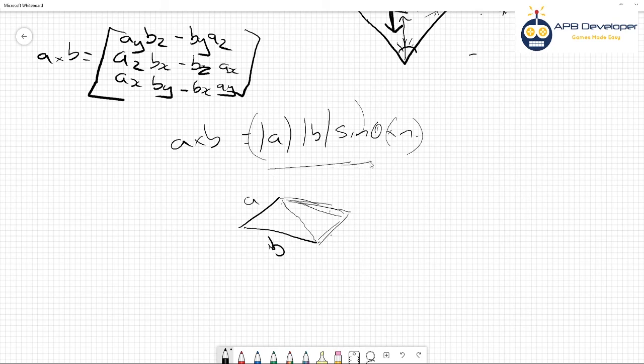This part becomes the size of this parallelogram. So you can use it for that, and if you want the area of the triangle, you can do A cross B over 2, obviously a triangle is only half of the parallelogram. That will give you the area of this.